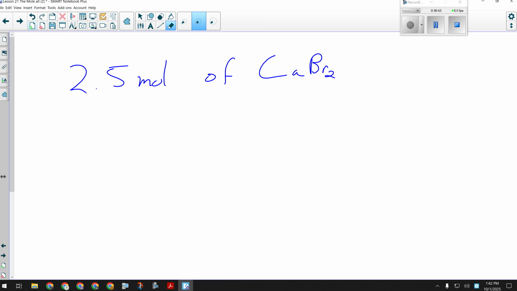How many molecules of calcium bromide do I have? Avogadro's number tells me how many molecules are in 1 mole, right? 6.02 times 10 to the 23. That's how many particles, doesn't matter what, are in 1 mole. I have 2.5 moles. What do I do with those two numbers?